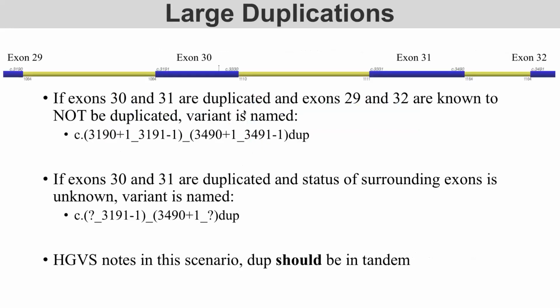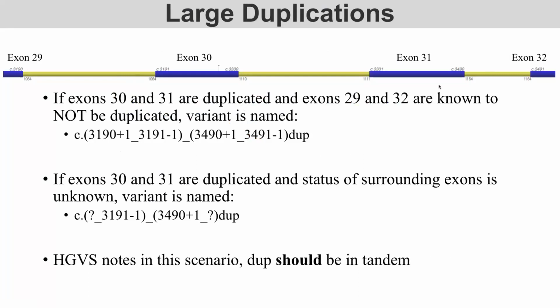And for large duplications, again, it's the same naming technique as the large deletions, where, when you know that the surrounding exons are not included, you describe it based on the beginning and end of the introns on either side, where the duplication would be occurring.